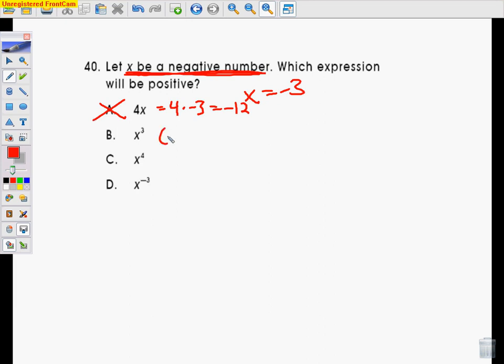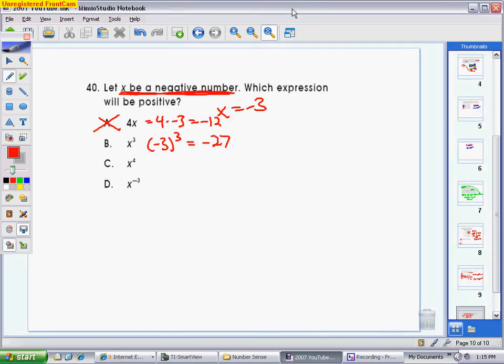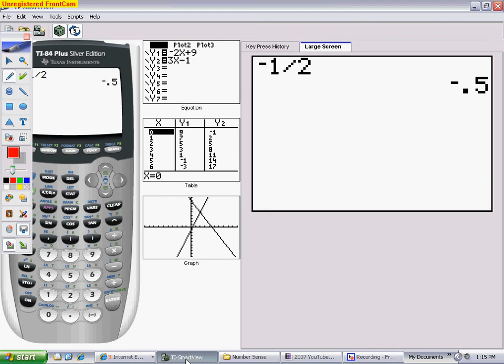x again is negative 3, so negative 3 to the third. Well, let's multiply that together. Negative 3 times negative 3 times negative 3, that's negative 27. Now, one thing that I do want to caution you on, when you're dealing with negative numbers and exponents, please make sure that you put all negative numbers in parentheses. Negative 3 to the third power, you have to put that in parentheses.